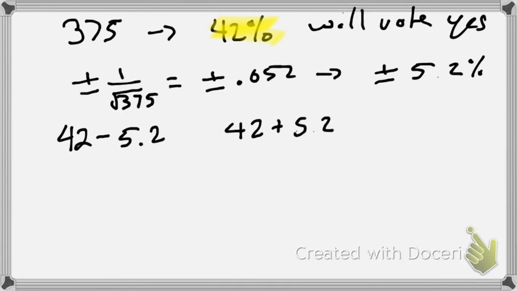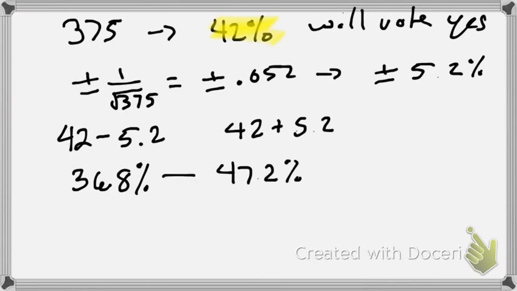So I'm going to end up getting 36.8% and 47.2%. So I can expect the real range of my responses to be somewhere in this neighborhood. I can expect 36.8 to 47.2% of people will vote yes on this candidate.